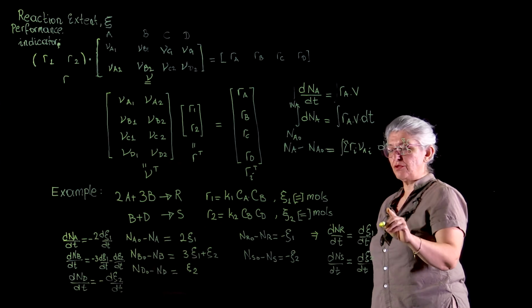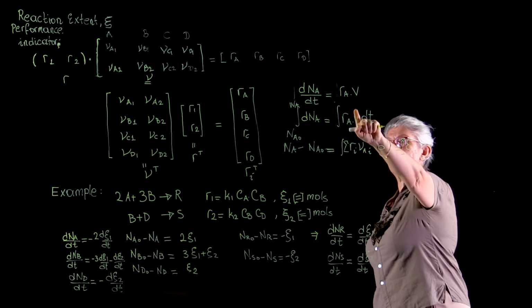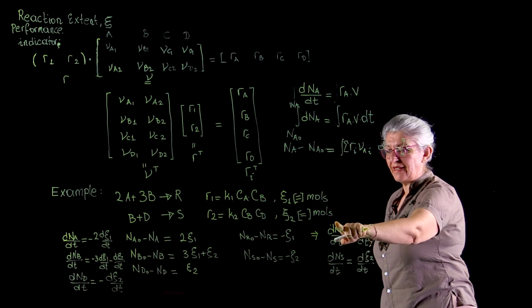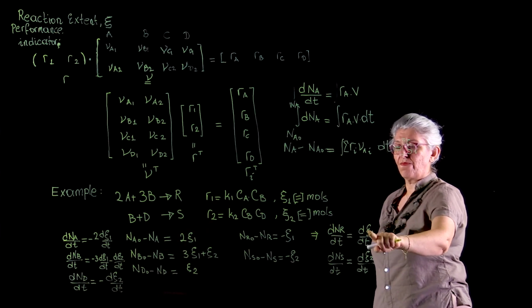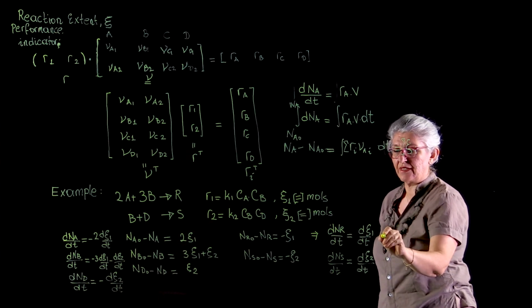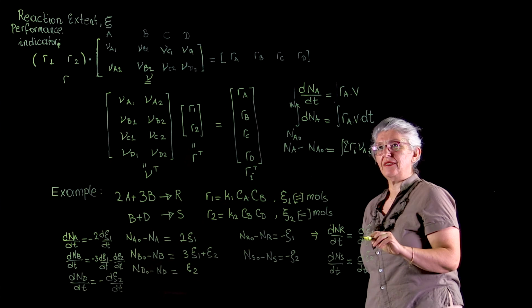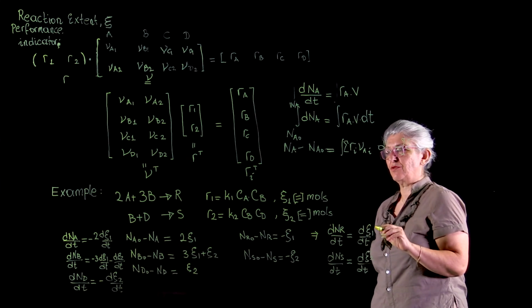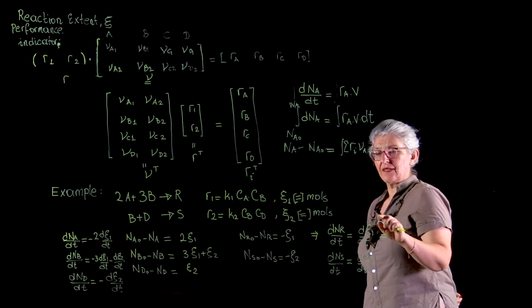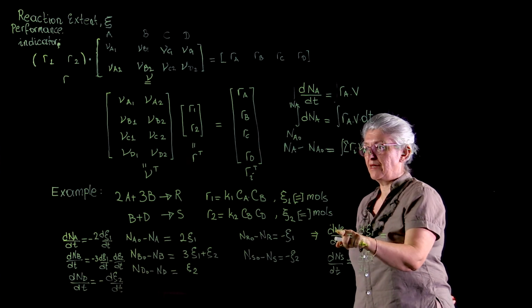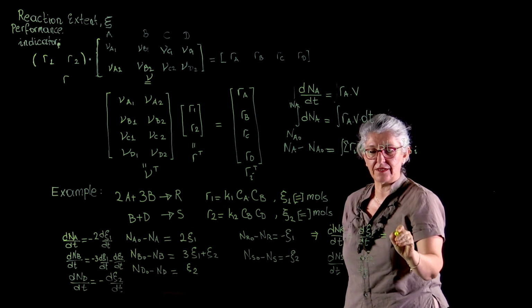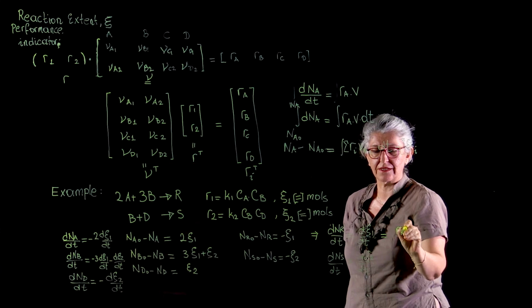Now we are going to introduce the design equation. Instead of dNA or dNR, you're going to write the reaction rate with respect to R. So this is going to be RR times V, right? RR times V.